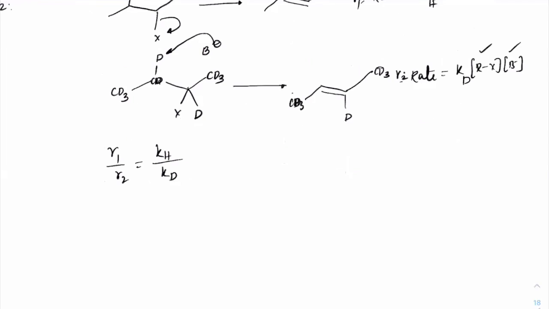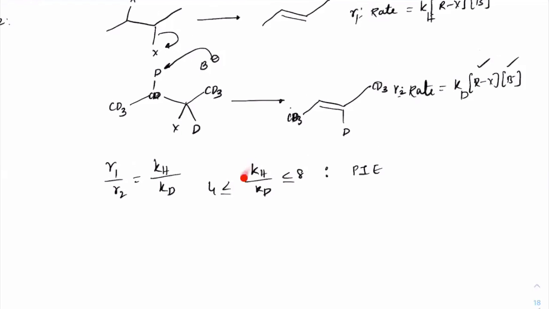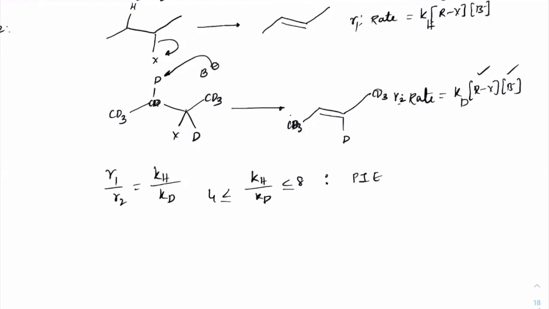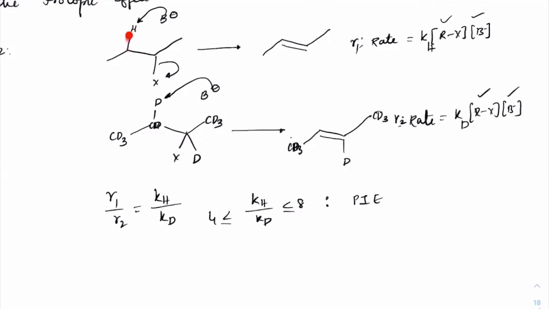For example, if at all I take KH by KD, the ratio is found to be almost between 4 to 8 if you are able to find it. If this is the ratio which we are able to find, then we say the mechanism is going through primary isotopic effect, which means this can only be possible when your carbon-hydrogen bond or carbon-deuterium bond is breaking in the slow step.